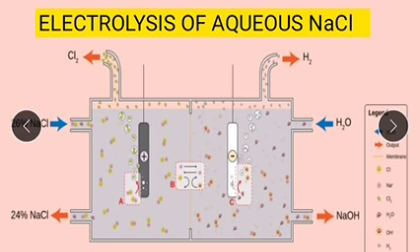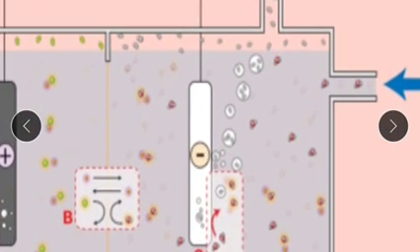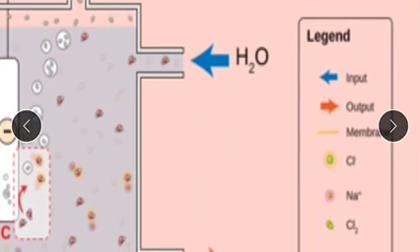Okay, let us see once again the electrolytic cell of the aqueous NaCl. When we pass the sodium chloride and water molecules through this, these will be combined.